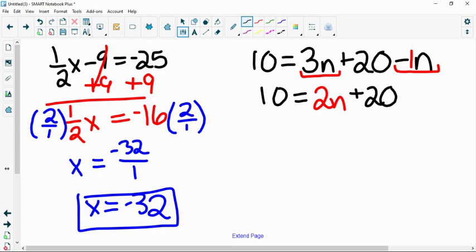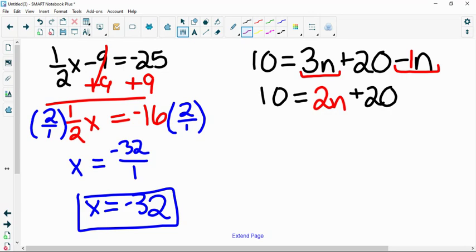In our goal to get n by itself, we're at the step where we can start solving. 2 times n plus 20, I'm looking at the order of what happened to n.